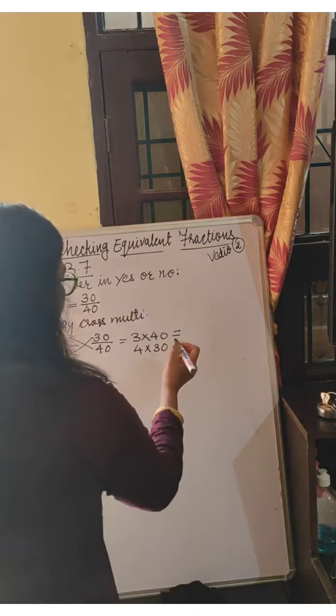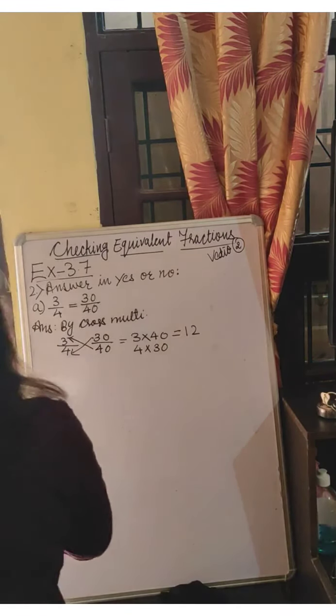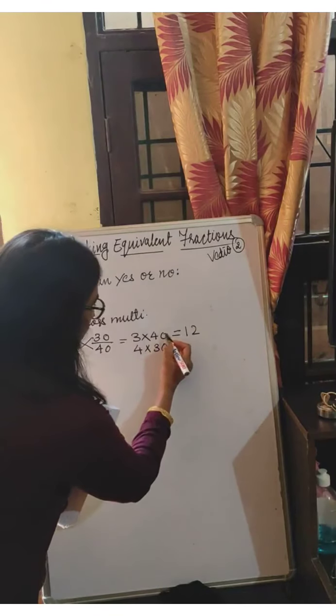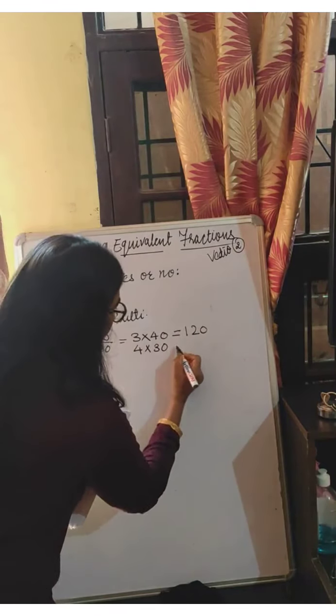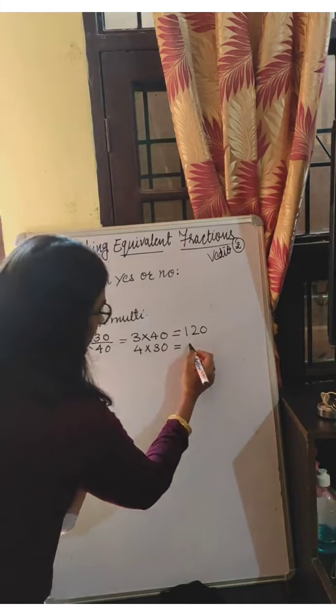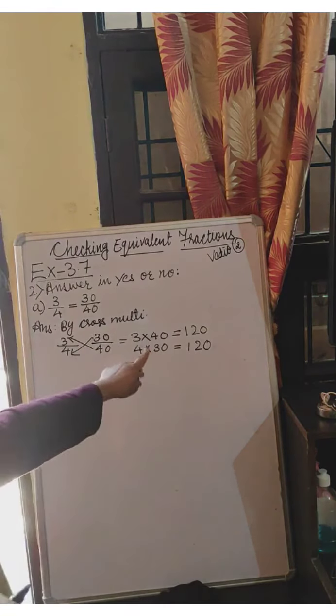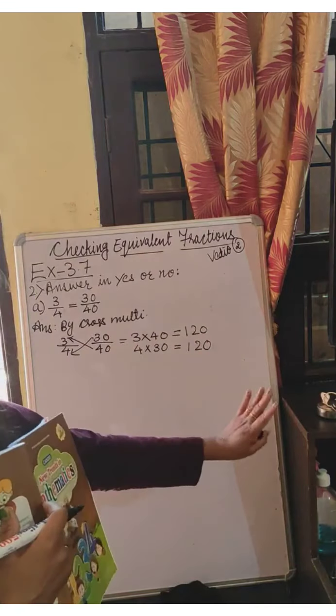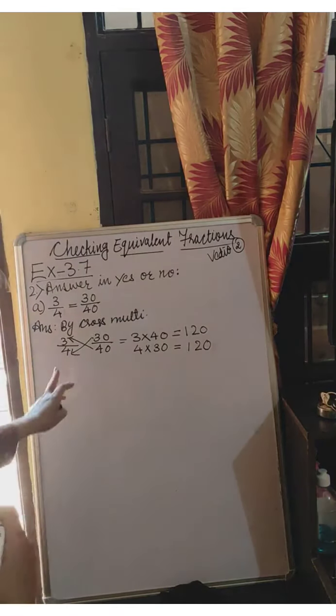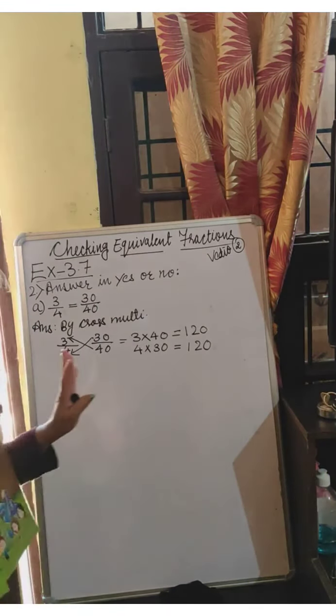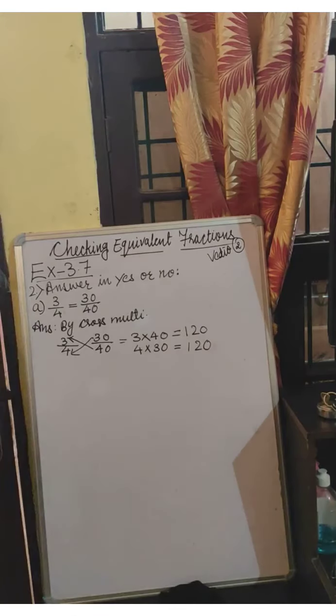3 into 4 children. 4 3s are 12 and we put this 0. Okay. Now 4 3s are 12. Put the 0. In both the statements we got 120. So we can say these two fractions are equal. Okay, they are equivalent.